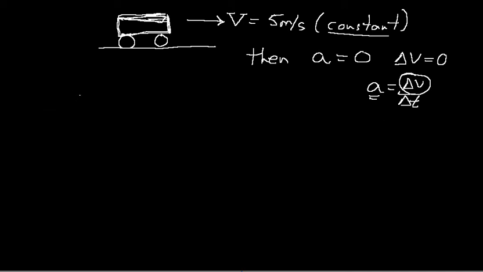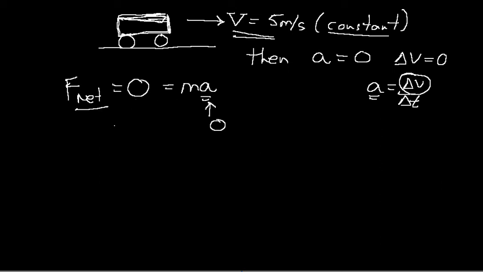All it means is that the net force is 0 because there is no acceleration. Acceleration is 0 in this case because we're moving at a constant velocity. So if the acceleration is 0, we know that the net force is 0.